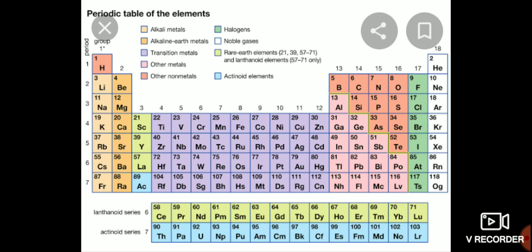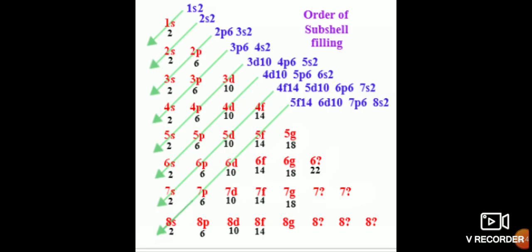Then study the shell numbers. Take your book, page number 144, and see table 12.6, the number of electrons in each subshell. The first shell has the subshell 1s, the second has 2s and 2p, the third has 3s, 3p and 3d, and the fourth has 4s, 4p, 4d and 4f.